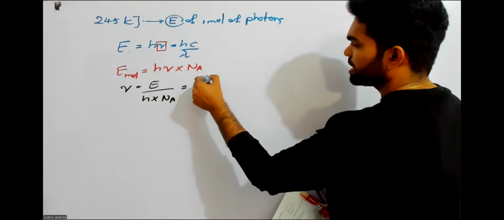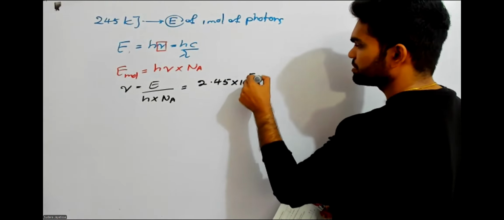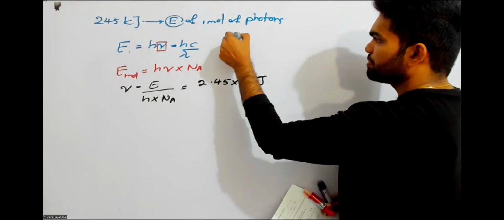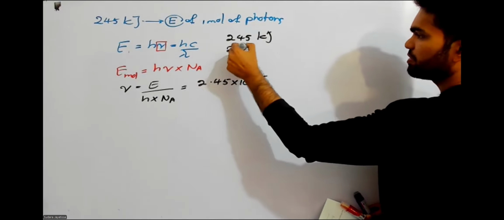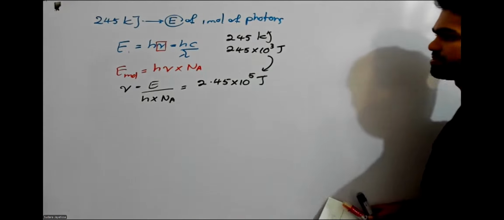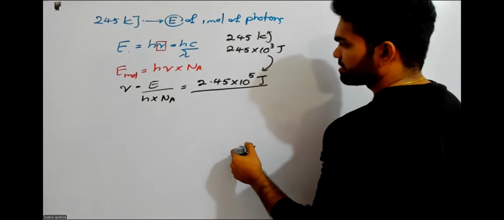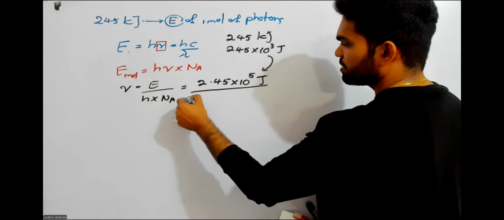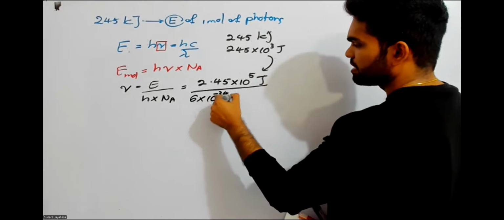So 245 kilojoules means 245 into 10 to the power 3 joules. I changed it for easy simplification. Planck constant here, take 6 into 10 to the power minus 34 joule second.